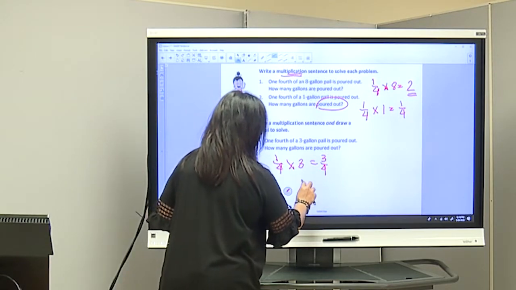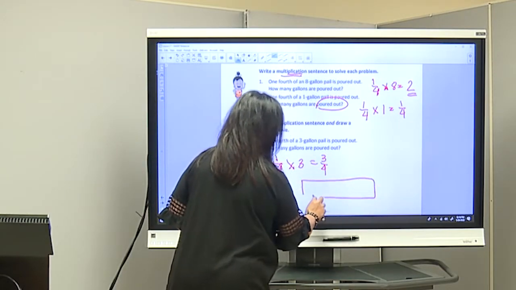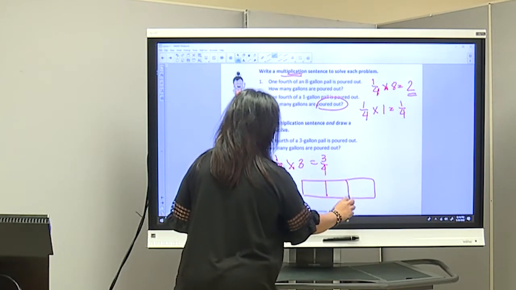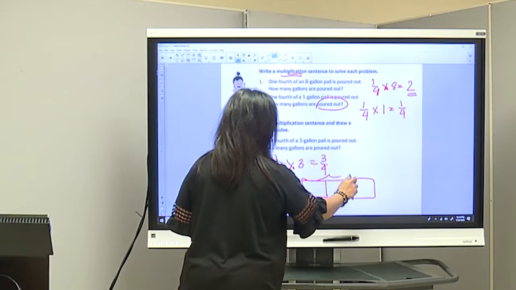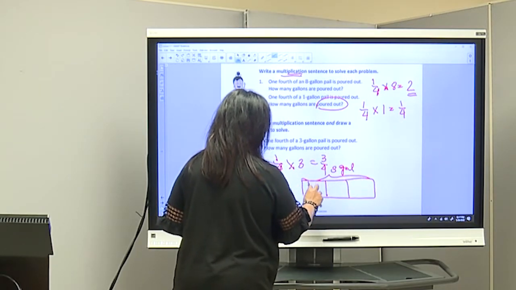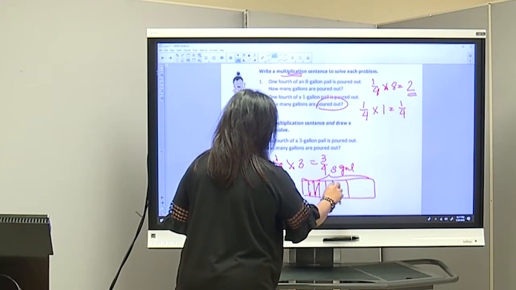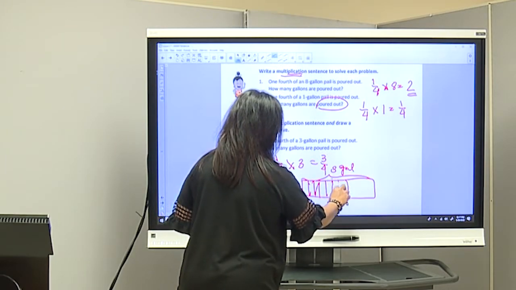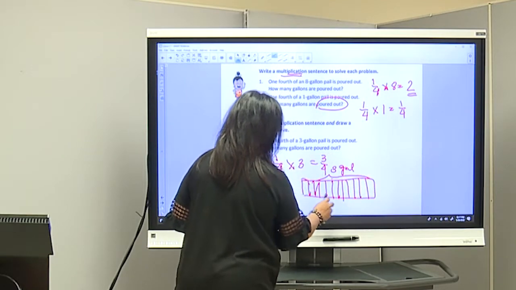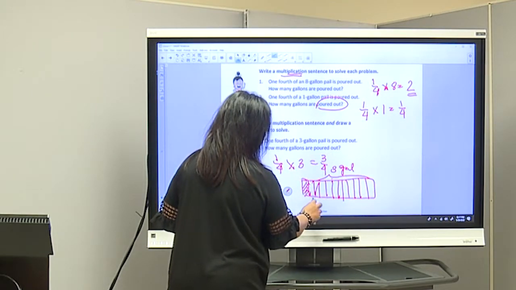How many gallons do we have? We have 3 gallons. Let's label that: 3 gallons. Into fourths. 1, 2, 3, 4. 1, 2, 3, 4. 1, 2, 3, 4. So we get 1/4 here.